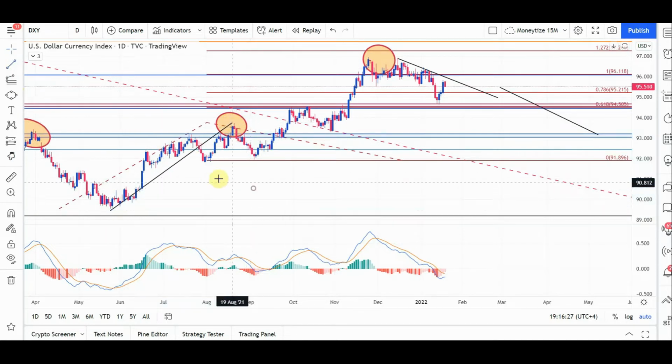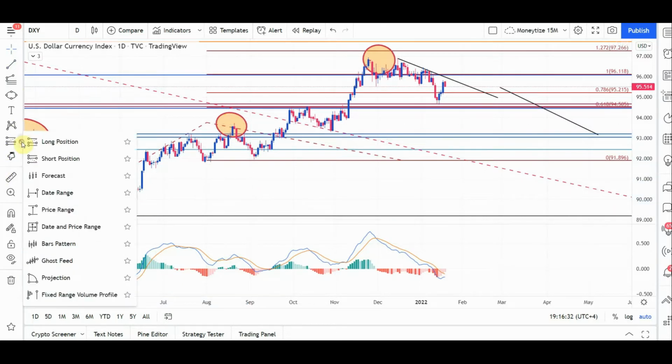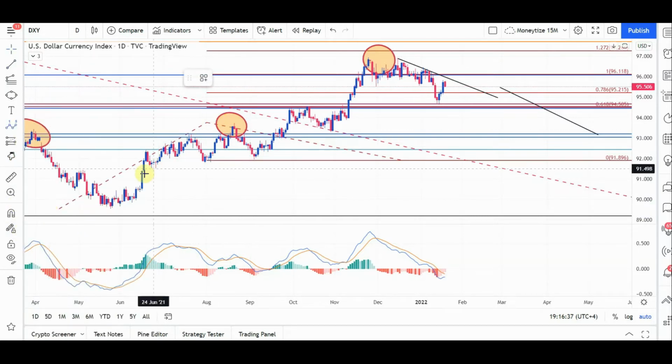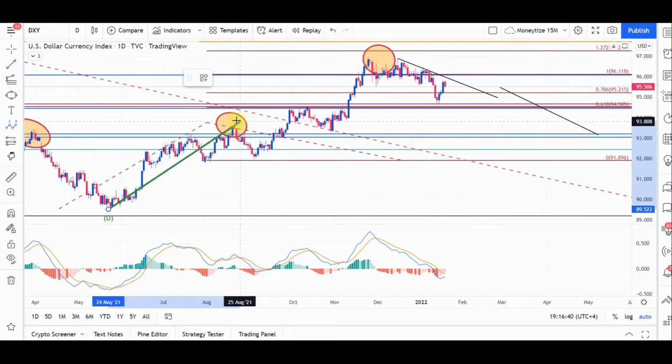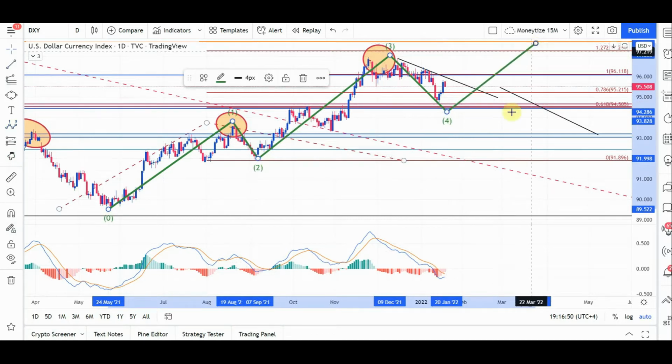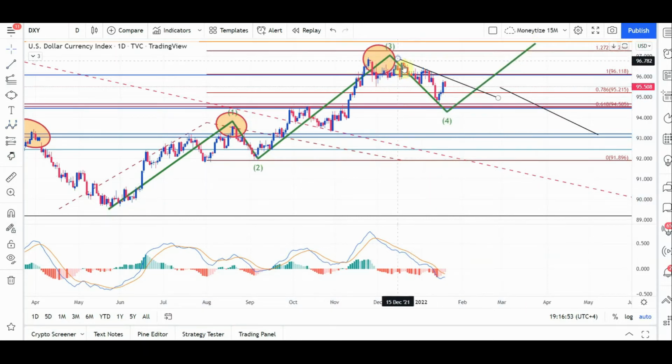One, let's take the Elliott wave tool. So this leg number 4 either can end around this area, or it can be a deeper pullback towards this area and then continuation higher.